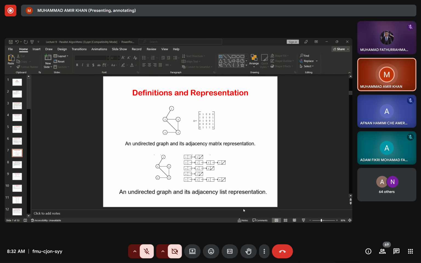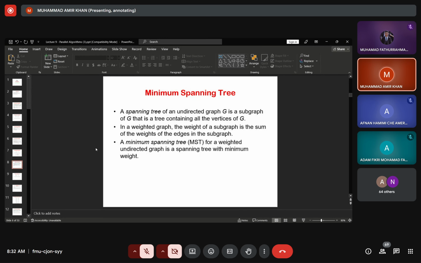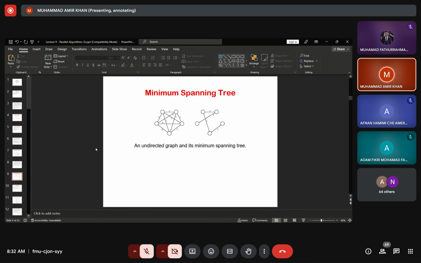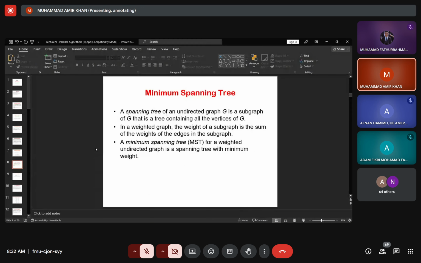After this, I want to share some video lectures. We have to see the minimum spanning tree. Before this, I think I should share a YouTube video. It will be easy and convenient for you.